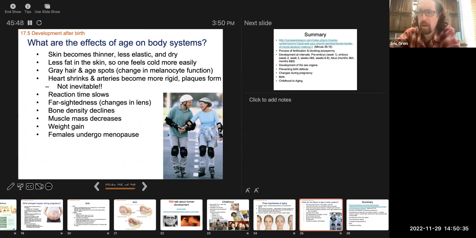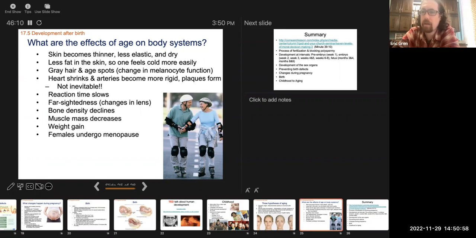Hair starts to go either white or gray. And you'll also start to see skin spots showing up in an older person's skin, kind of dark spots. Those are called age spots, and they're due to melanocyte activity levels changing.